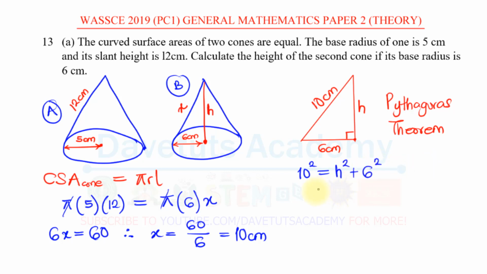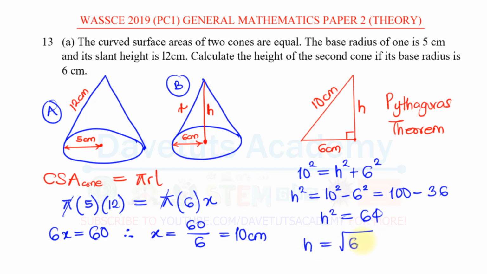So h squared will be 10 squared minus 6 squared. 10 raised to power 2 is 100 minus 6 raised to power 2 is 36. So h squared is equal to 100 minus 36, which is 64, so h will be the square root of 64, which is 8 centimeters. So the height of the second cone is 8 centimeters.